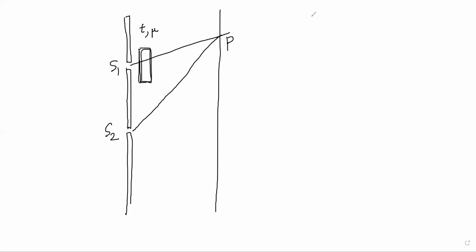Whenever light passes through a medium of thickness t and refractive index mu, the actual path may be t, but the optical path is mu t, right? Corresponding to this, light would have passed through air here, so it has only passed through t because air's mu is 1.